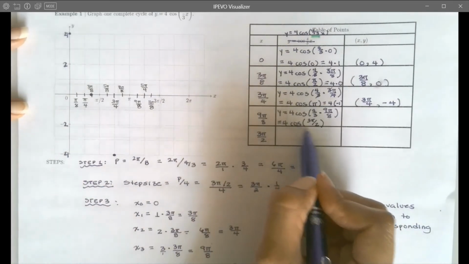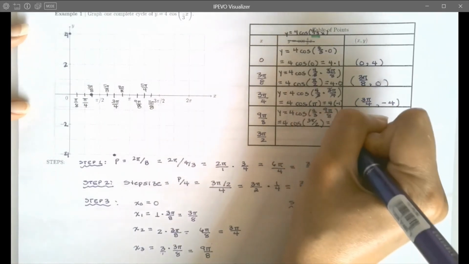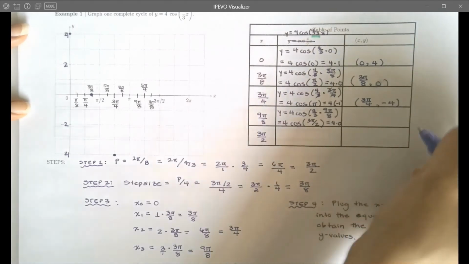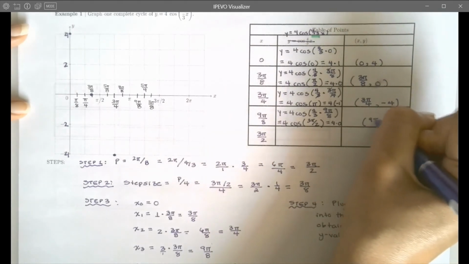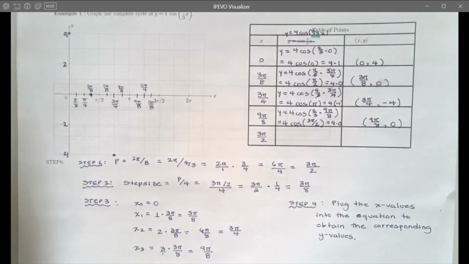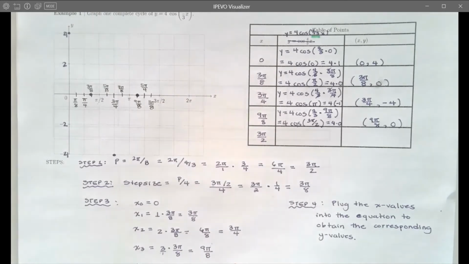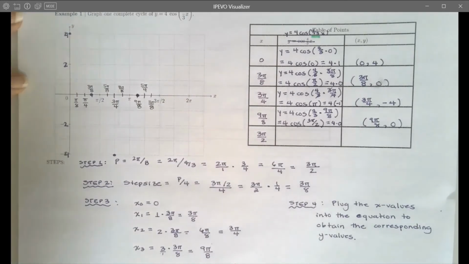Now cosine of 3 pi over 2 is 0. So 4 times 0 will be, in the end, 0. That means we have 9 pi over 8, comma 0. Okay, here is 9 pi over 8. And 0 means we stay on the x-axis.